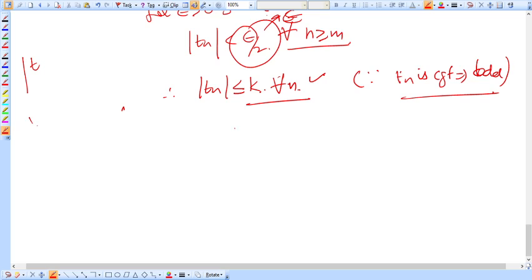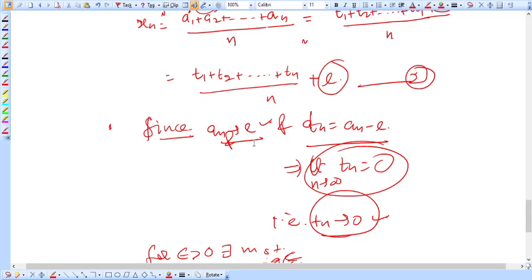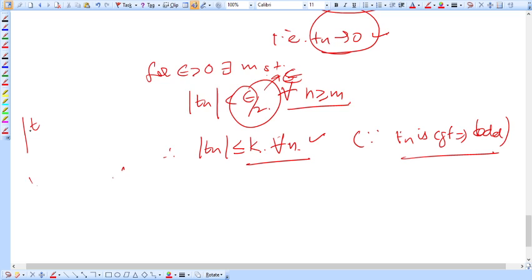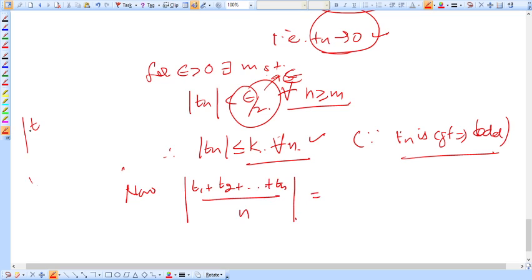We have proved in equation number 1 that xn is equal to this. So now take this mod, up to so on plus n, divided by n.